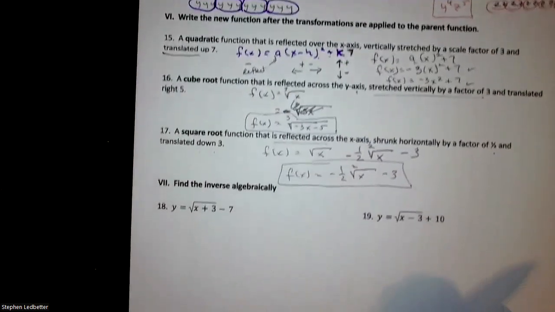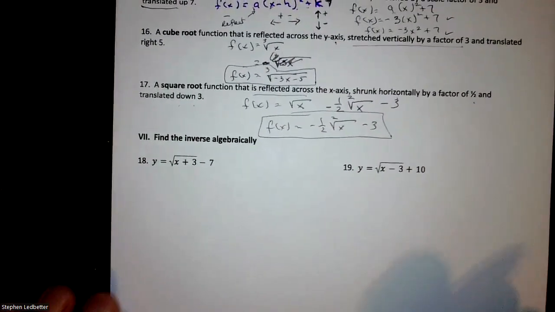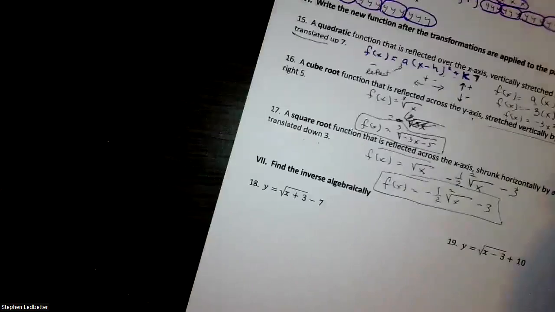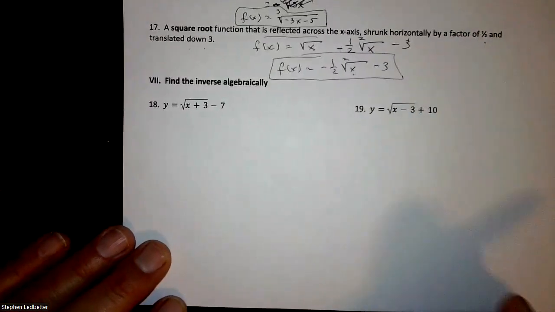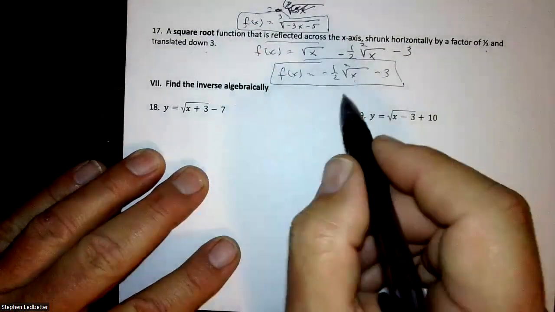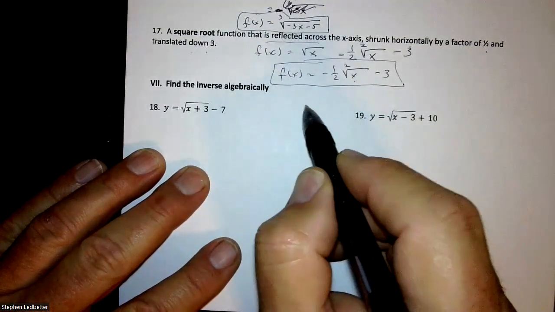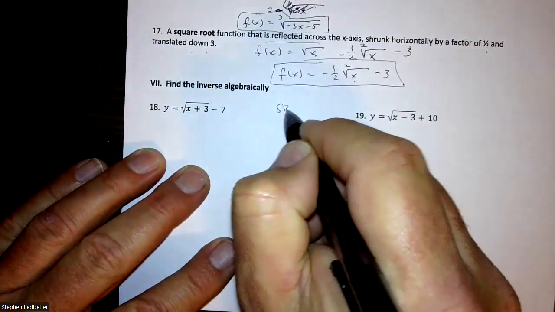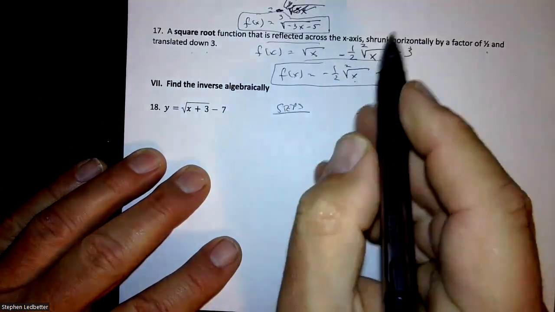All right. Let's go with inverses. So inverses, there are some steps that you might want to do. I'm going to write some steps right here. You've got to memorize this when you're doing inverse.